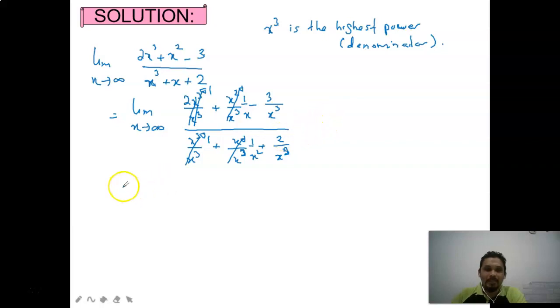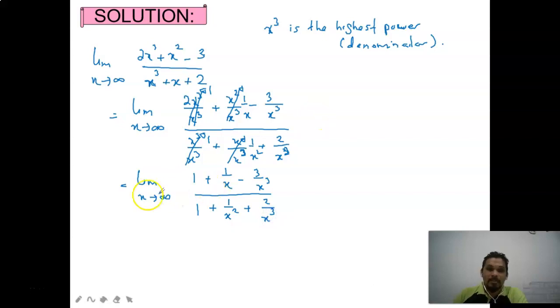Okay, so we simplify this: the limit as x approaches positive infinity of (2 plus 1 over x minus 3 divided by x cubed) divided by (1 plus 1 over x squared plus 2 divided by x cubed). Just imagine that x is approaching positive infinity, meaning the value of x is getting bigger and bigger.